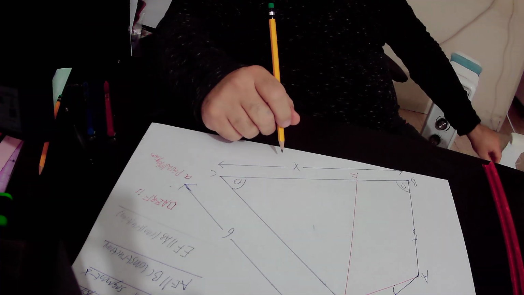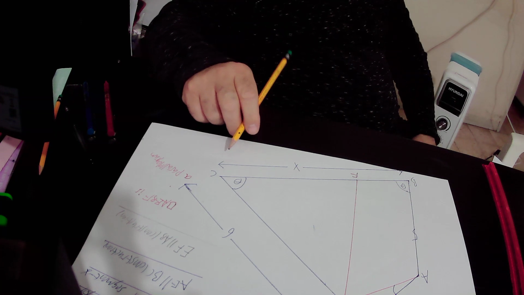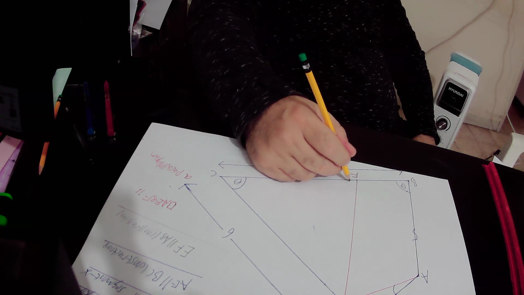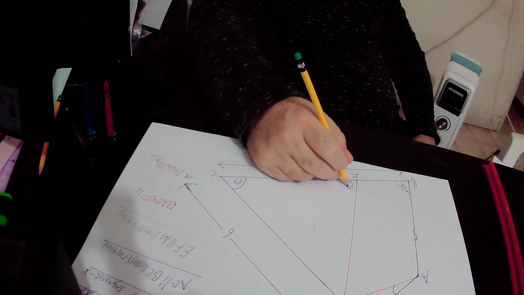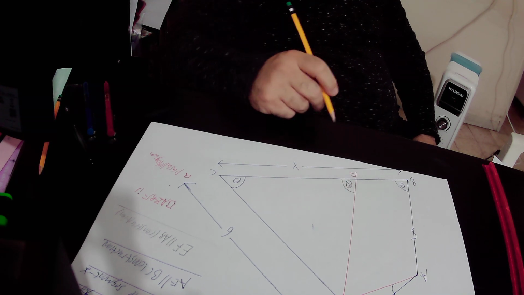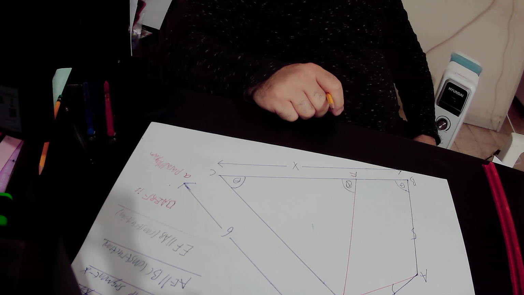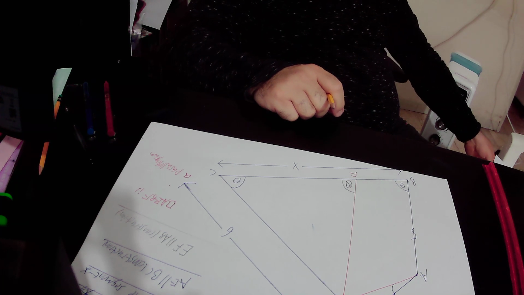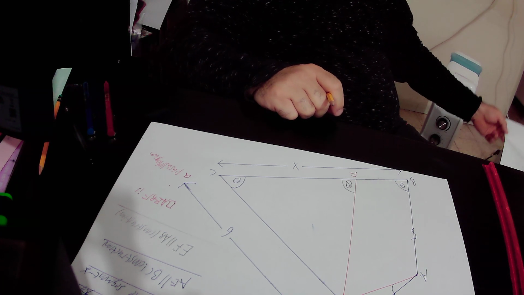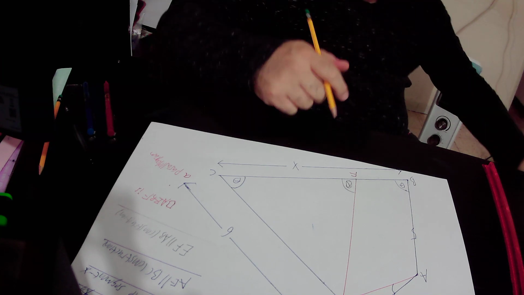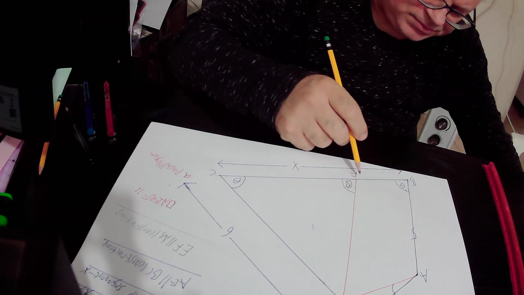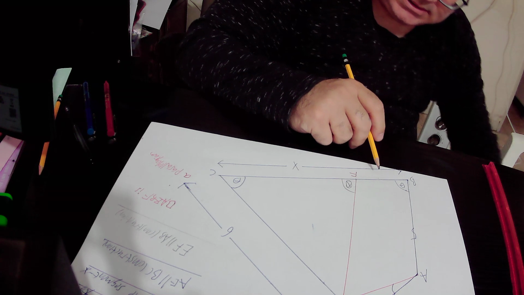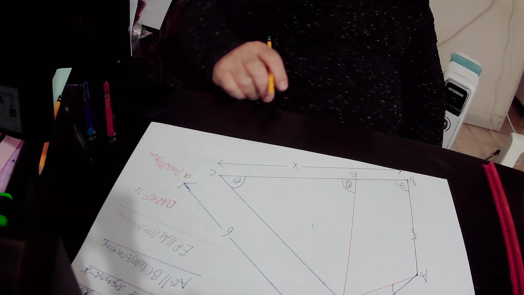So this angle EFC equals theta. Likewise, according to our construction, AE is parallel to BC.